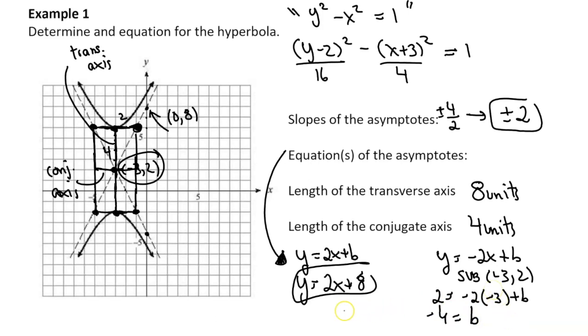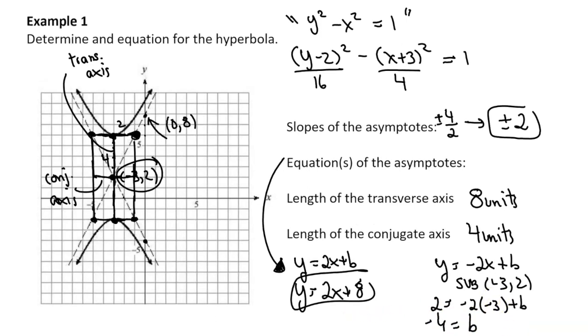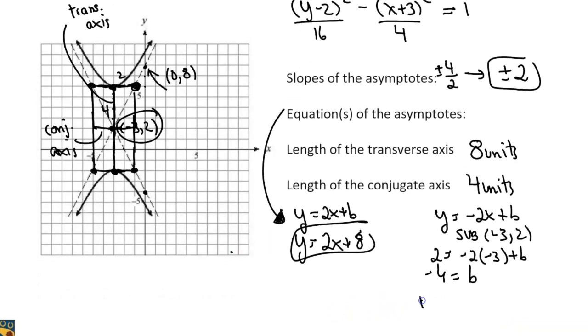That means our other equation would be y equals -2x minus 4. So that's how you find the equations of the asymptotes, and that's slightly different from saying the slopes of the asymptotes, because they want you to express it in the form of y equals mx plus b.